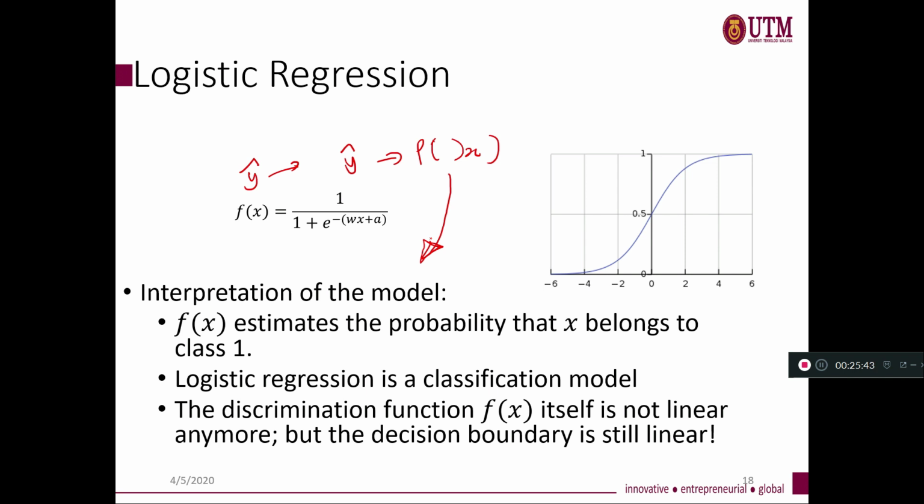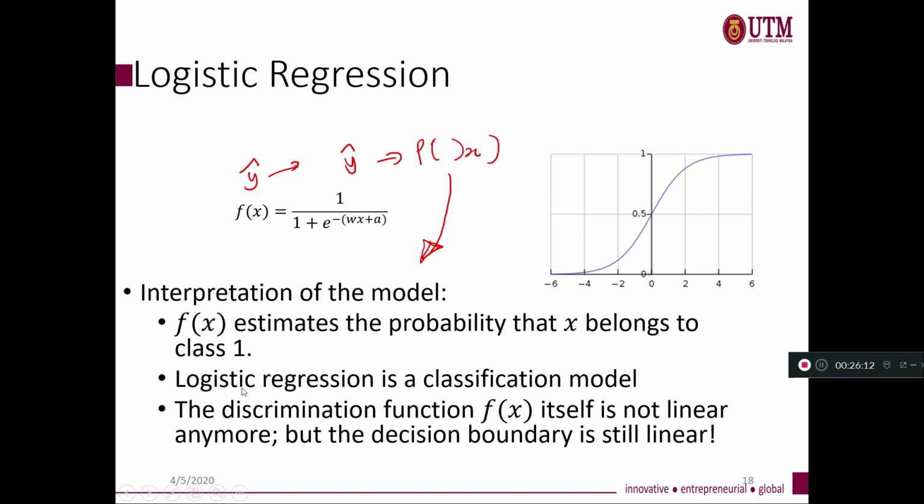So logistic regression is a classification model, and the function f here, the discrimination function itself, is not linear anymore, but the decision boundary is still linear. This is the advantage of logistic regression that you have been taught before.